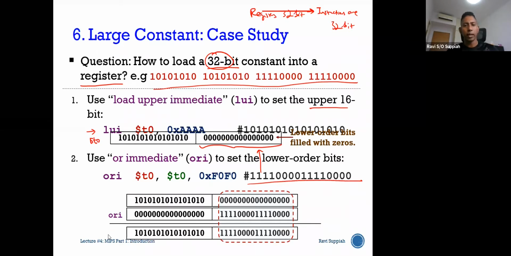I cannot load the entire value in one shot, so first I load the upper 16 bits with the LUI instruction, which also makes the lower 16 bits 0. Then I do an OR immediate with the lower 16 bits that I want. As a result, the full 32 bits will now be in the register.